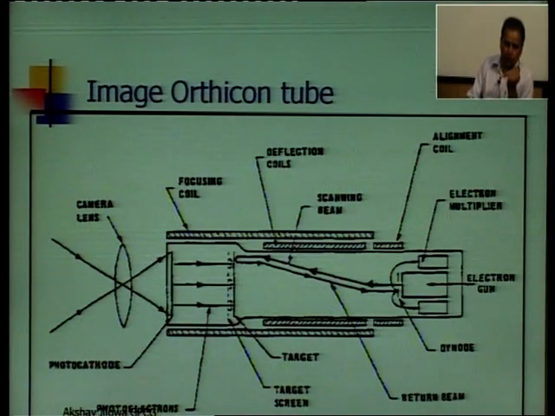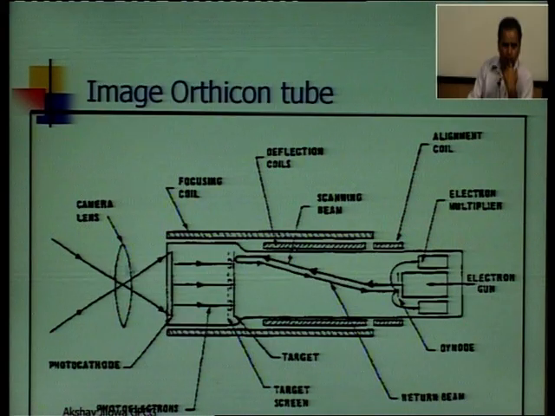Image Orthicon. This picture shows the Image Orthicon tube. Here is the lens, here is the object, and this is the photocathode. Photocathode means the cathode from where the electrons will be liberated. These are focusing coils. This coil is a focusing coil, this is also a focusing coil, this is the target screen, this is the scanning beam we just discussed.